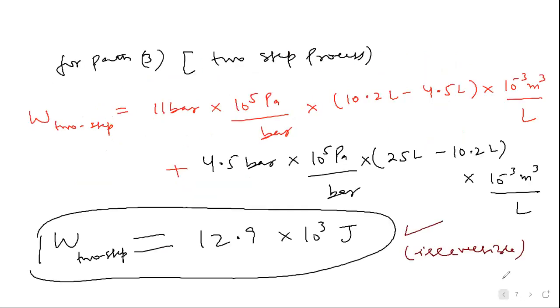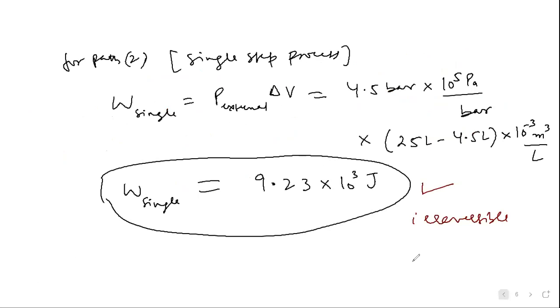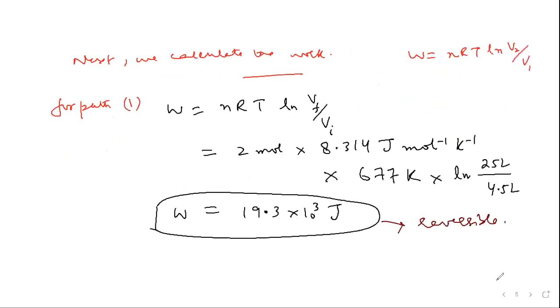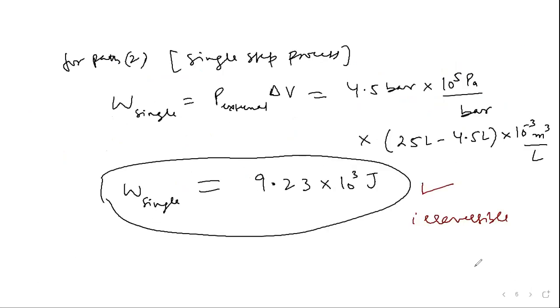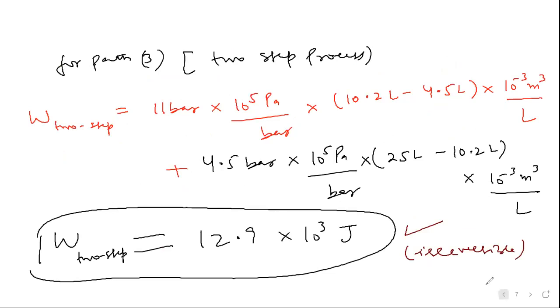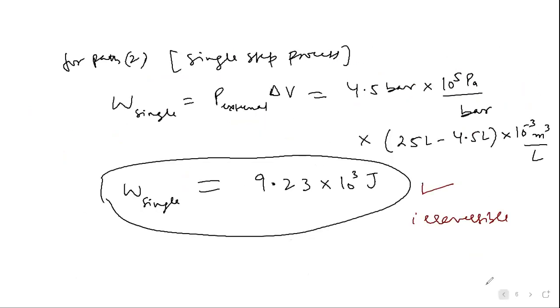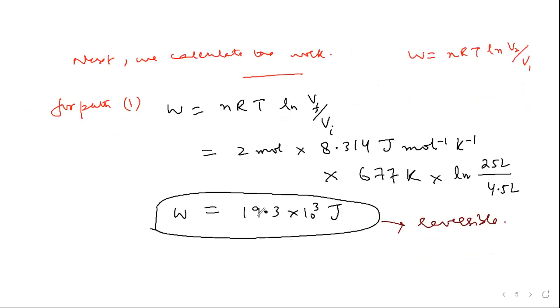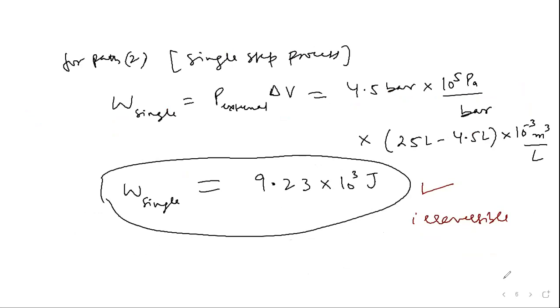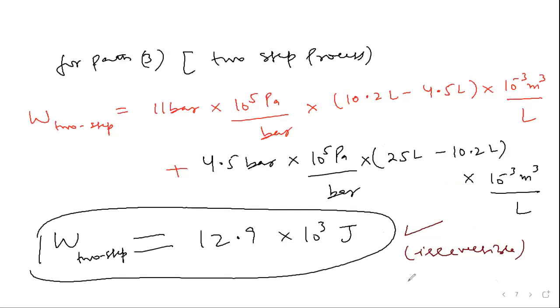Among the three values of work, you can see it is 19.3, the multiplier is the same. It is 9.23, it is 12.9. So the largest value is the reversible work. So reversible work is the largest. Among the two irreversible works, the two-step process work is larger.